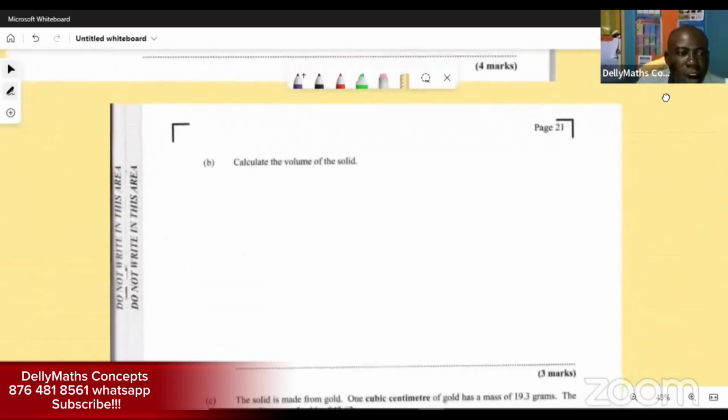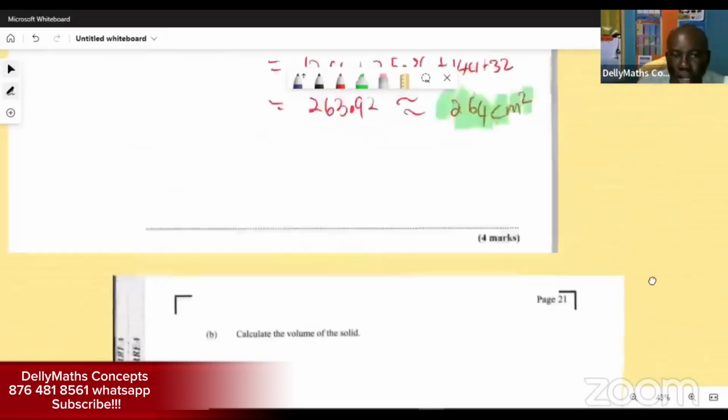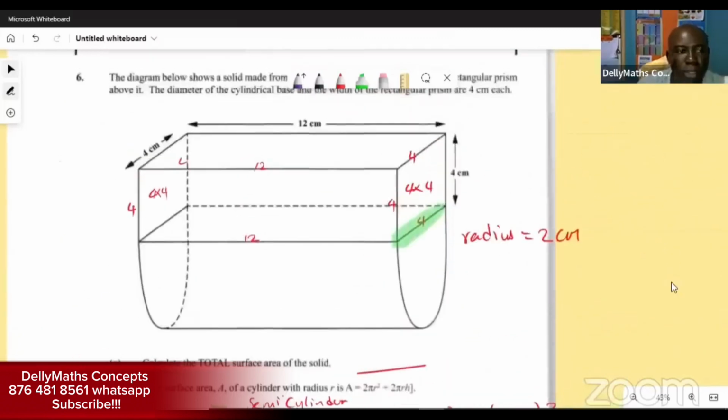Next question says the volume of the solid. If I'm going to find the volume of the solid, I have to think about what I'm going to do. The volume of the solid is to find the area of the cross section, which is this shape, times the length, such that it reached all the way down here.